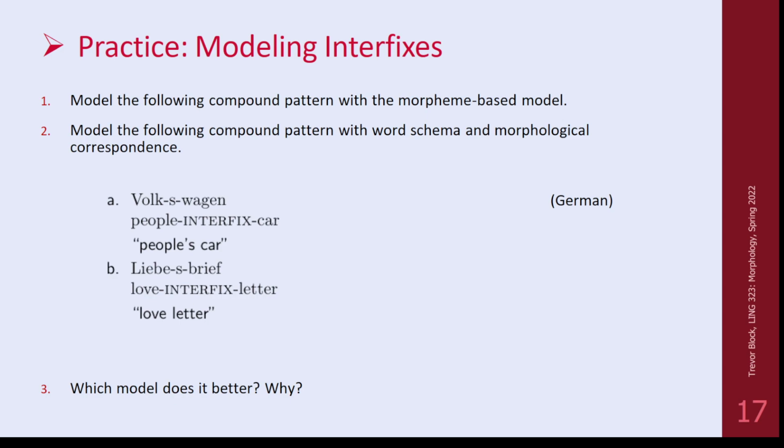With a morpheme-based model, what we can do is just draw a tree for it. And the tree is quite straightforward. We do ternary branching here. So we do Volk, S, and Wagen. The reason for this is that maybe you want to have the interfix with binary branching. But this would say that this is a constituent.